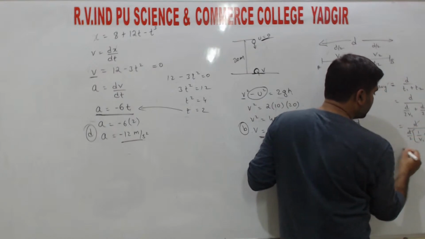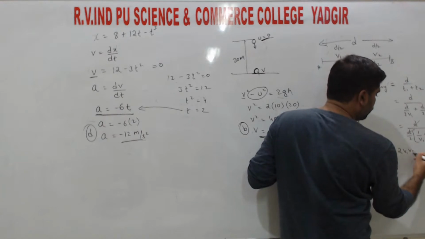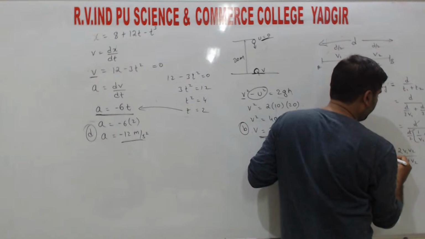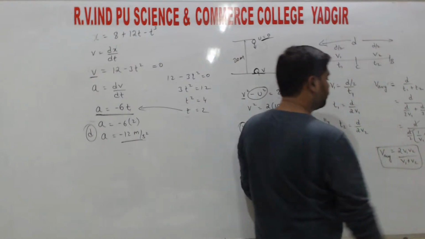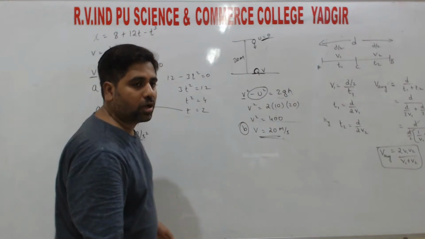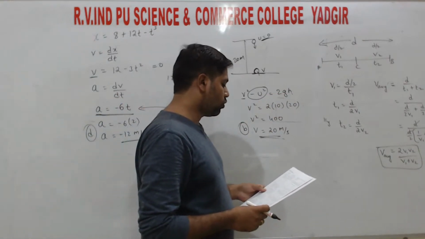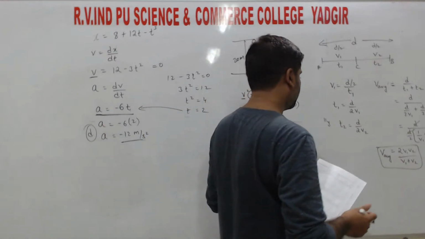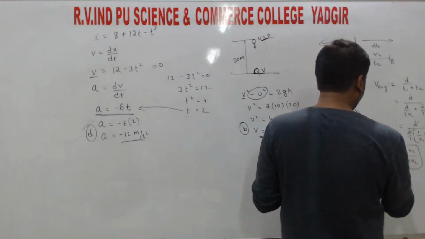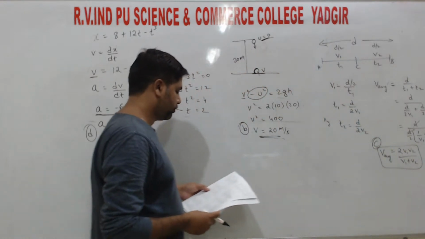So d gets cancelled, this 2 goes to the numerator, and the LCM is v1 v2, so the remaining is v1 plus v2. This is v average. For a straight line, the average speed and average velocity are both the same. So option C, 2 v1 v2 divided by v1 plus v2.